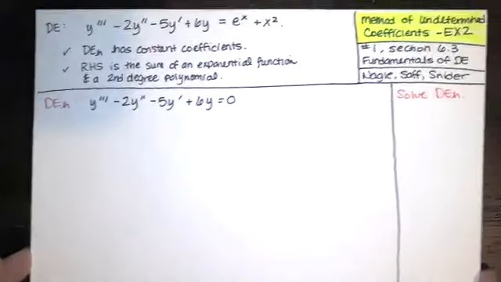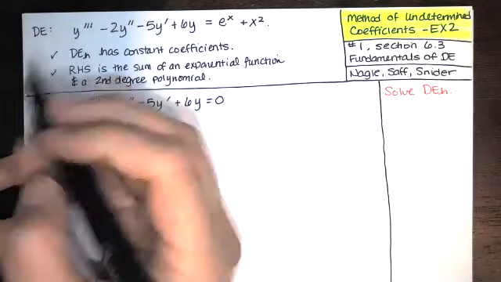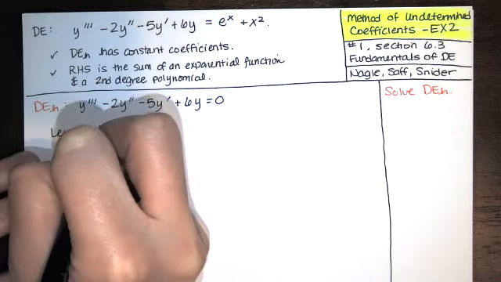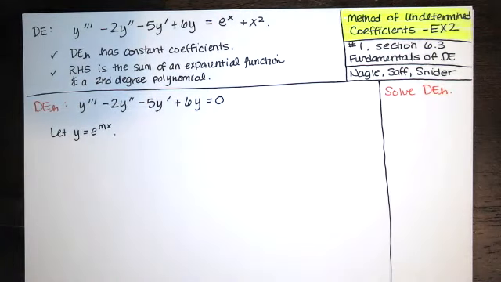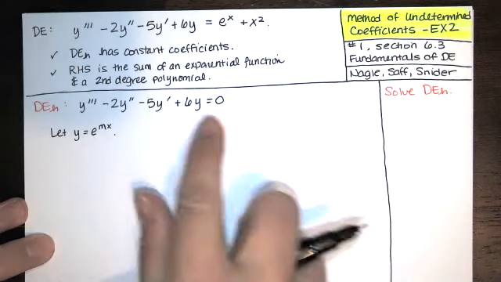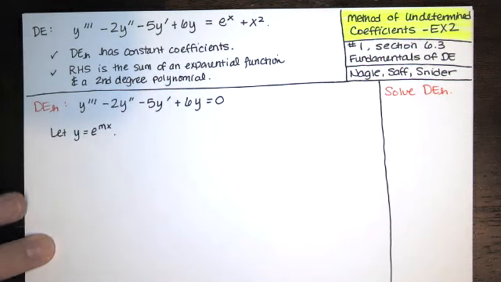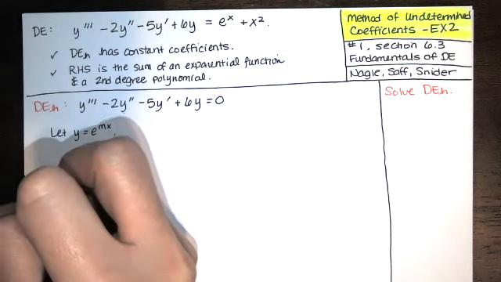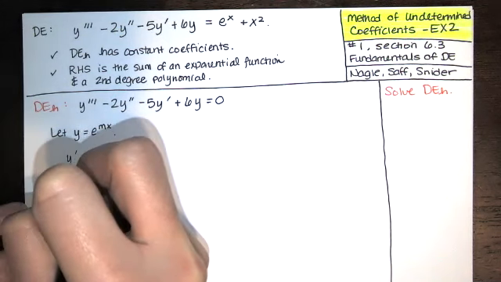Since the differential equation has constant coefficients, we're going to let y equal e to the mx, because derivatives of exponential functions are other exponential functions. So if I multiply those by constants and add them together, they're all going to be constants times an exponential. And for the right choice of m, all of those will cancel out and we'll get 0 over here. Since it's a third order differential equation, we'll compute the first, second, and third derivative.